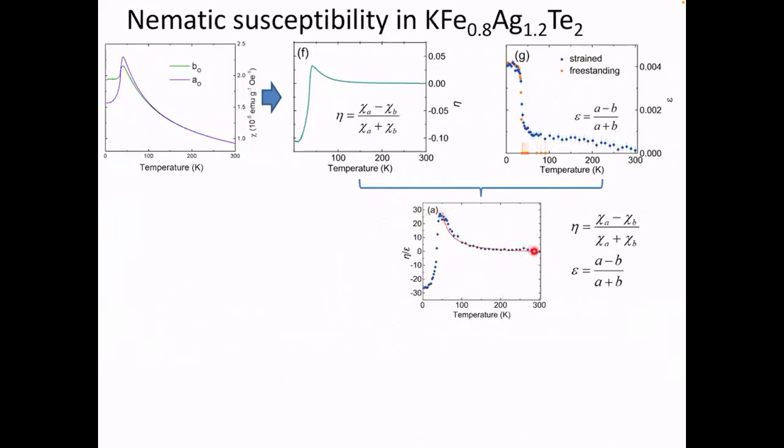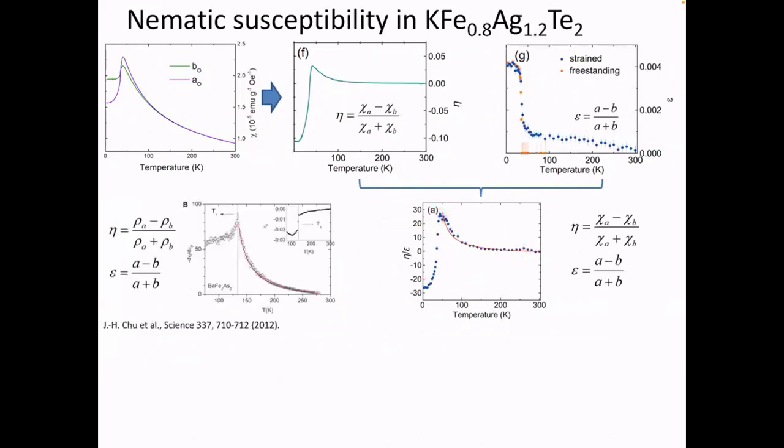This is almost the same quantity that was measured by Junhao using resistivity. There, this anisotropy is defined using resistivity, and of course it's the derivative of this quantity that was reported in that case, whereas here we're directly probing the ratio of the two. Of course, in the linear response regime, these two would be identical.